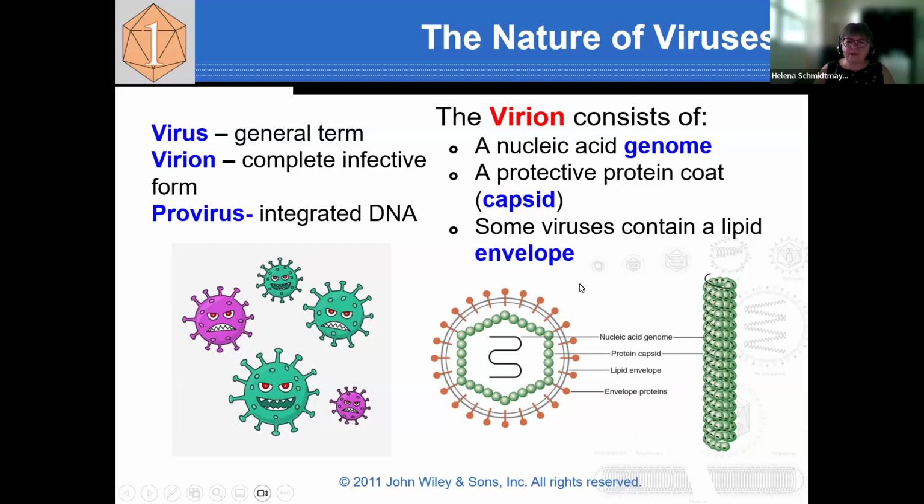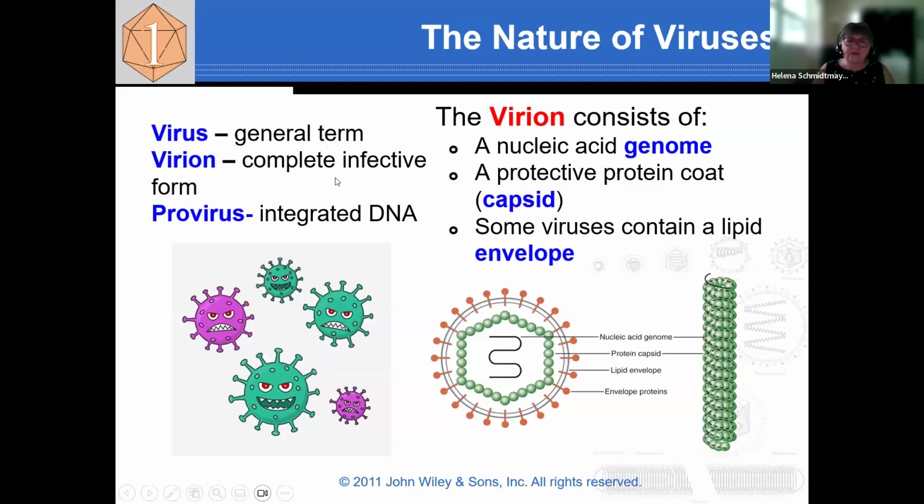However, before we go into the structure and nature of viruses, we have to identify the difference between virus, virion, and provirus. Virus is a very general term that refers to any form of the virus, whether it's virion, provirus, and so on.